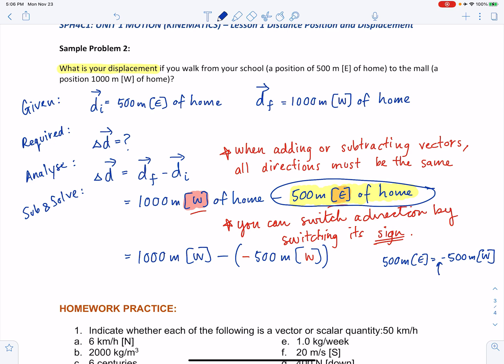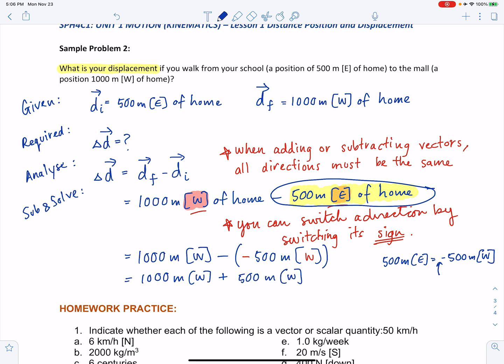So now you can punch this into your calculator. 1,000 meters west minus negative 500 meters west. Keep in mind, if you have negative and negative together, as we do in this example, you're going to end up with 1,000 meters west. These two negatives come together to make a positive 500 meters west.